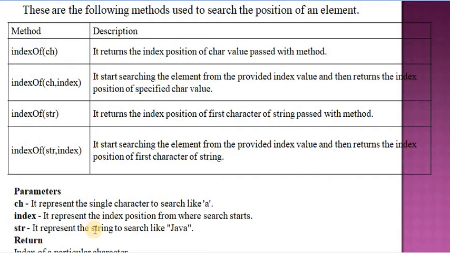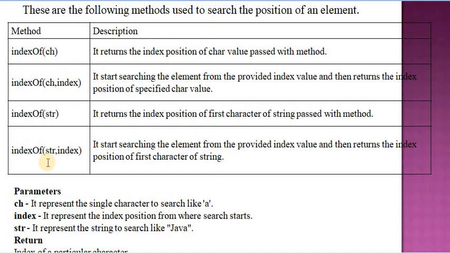These are the methods to search the position of an element: you can pass a character or a character with the index, or a string or a string with the index. By using these four methods you can search the position of an element.